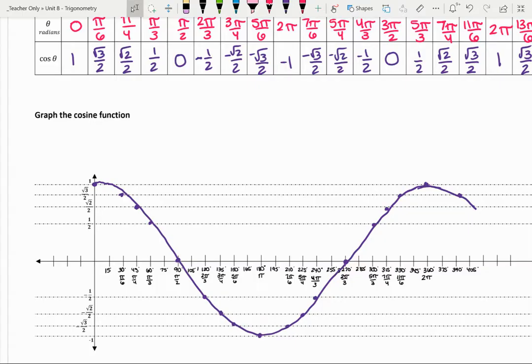And it keeps going back and forth, 1, 0, -1, and back. A little difference here is that the cosine graph starts at 0, 1, whereas sine started at 0, 0. But otherwise, they look pretty similar, and that's important. It's both important and a little bit confusing.